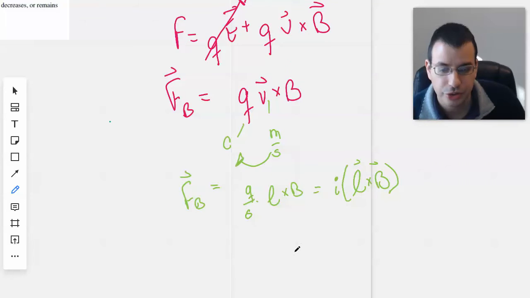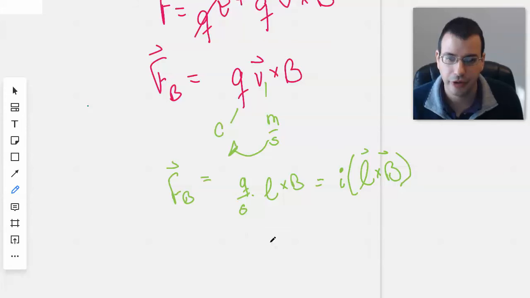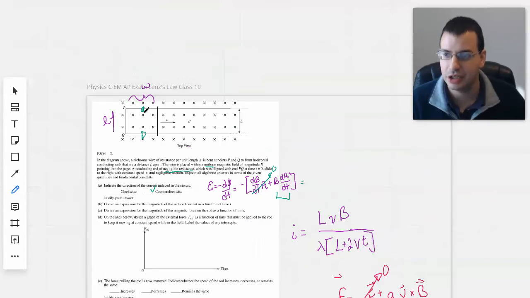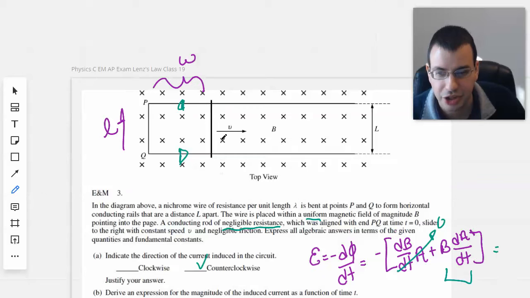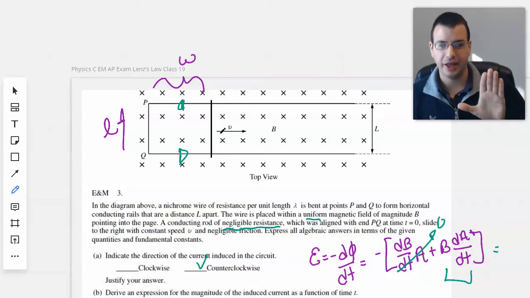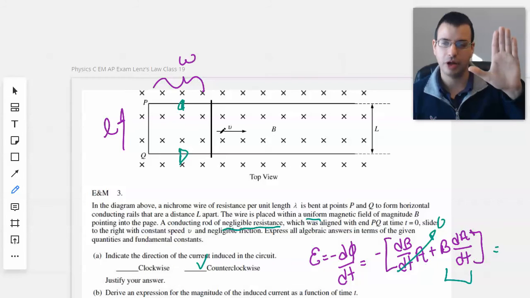So fire incinerates little bunnies, FIL cross B. So we're going to use this equation here. And since you look at L cross B, L is the direction that the current is flowing through the conducting rod. L cross B, F equals L cross B, okay?